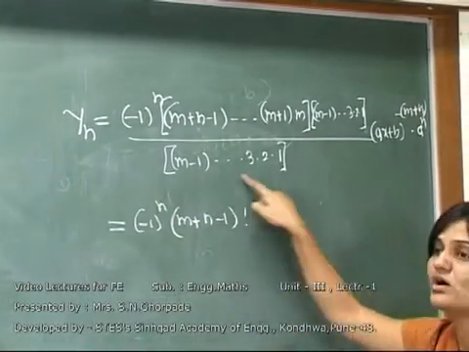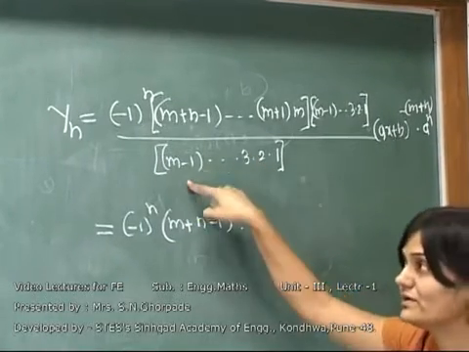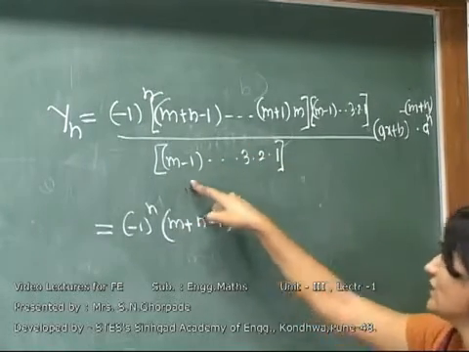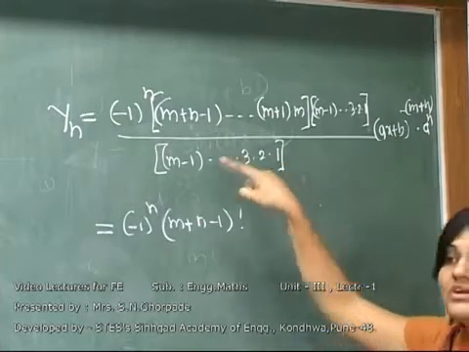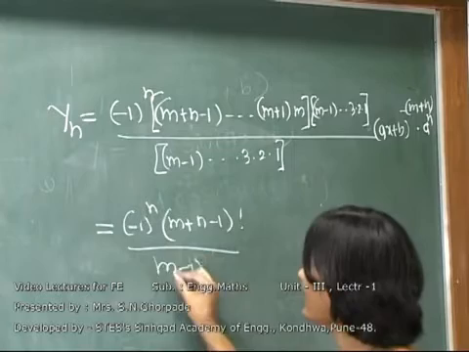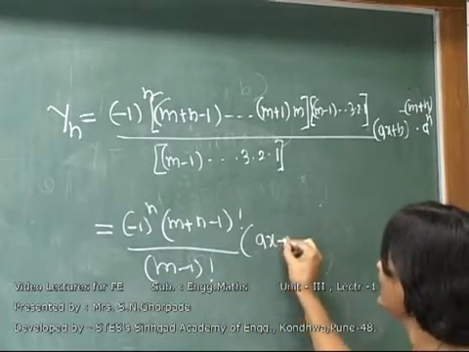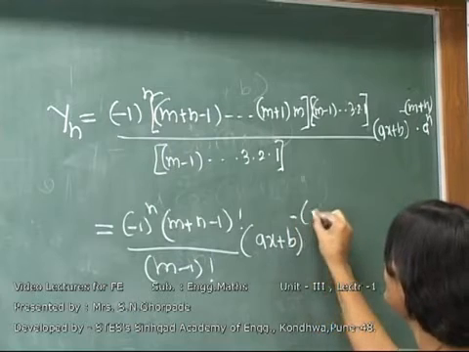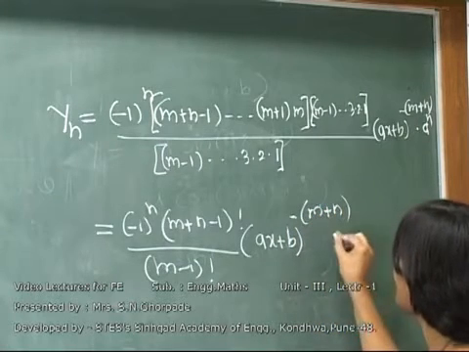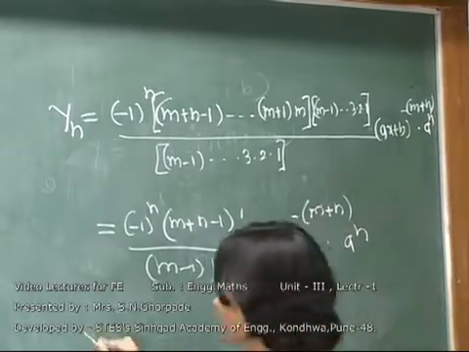Similarly, if you observe the denominator, the number m minus 1 is reduced up to 1. What can you call it? M minus 1 factorial. The remaining part is ax plus b raised to minus of m plus n into a raised to n. Please rearrange the terms.